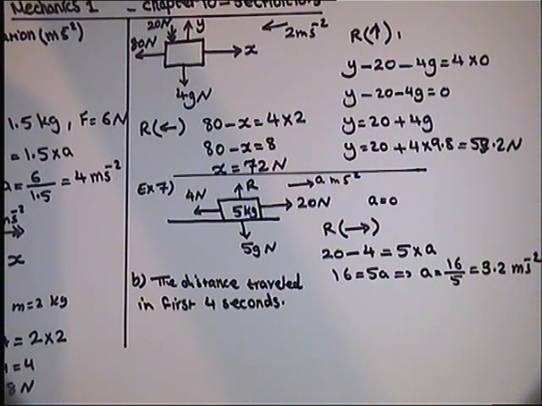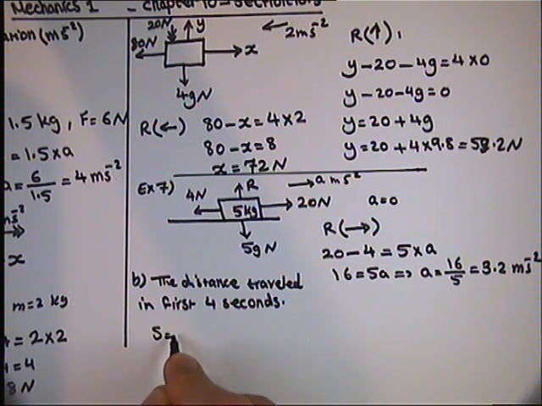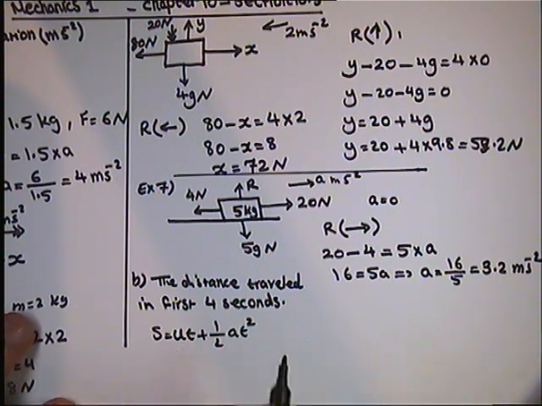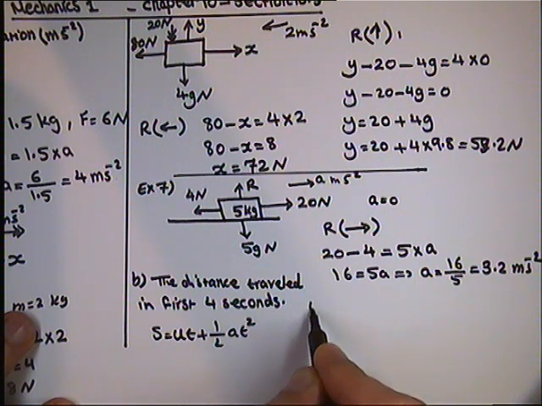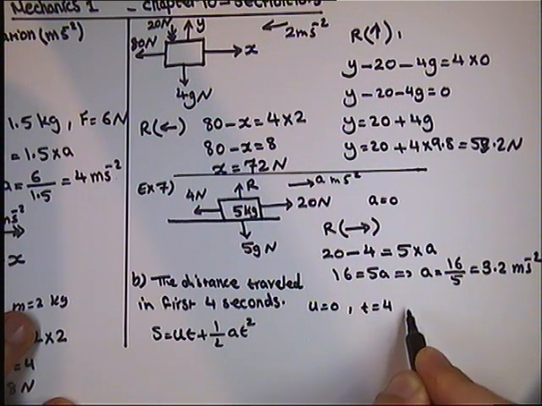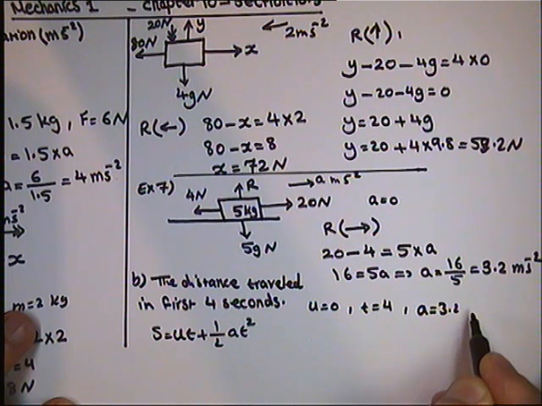When we're talking about distance, we should know which equation we're going to use. S equals ut plus half at squared, because we want to work out the distance. The information we have is u, which is 0 because initially at rest, t equals 4, and the acceleration which we already worked out, 3.2.